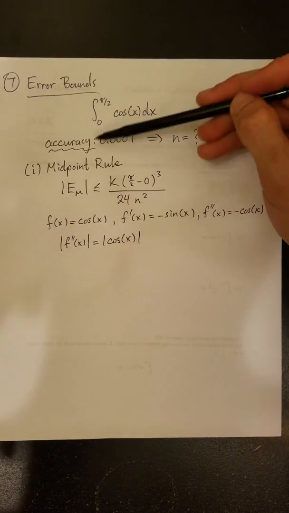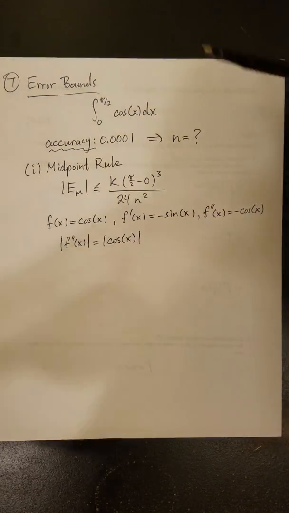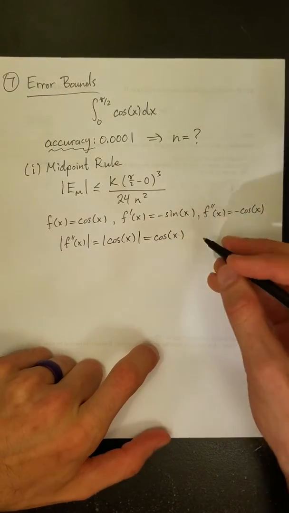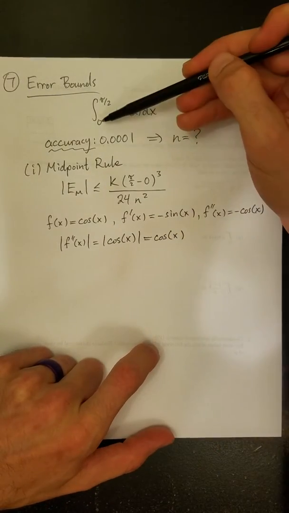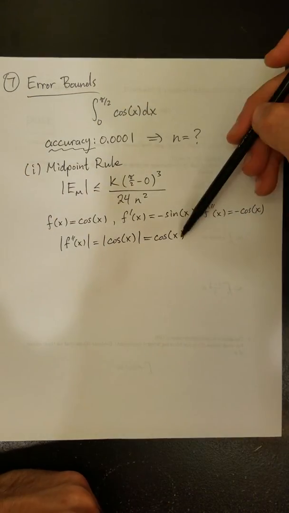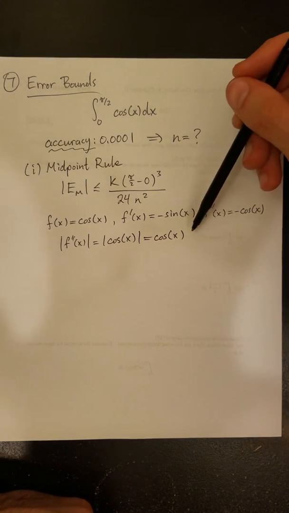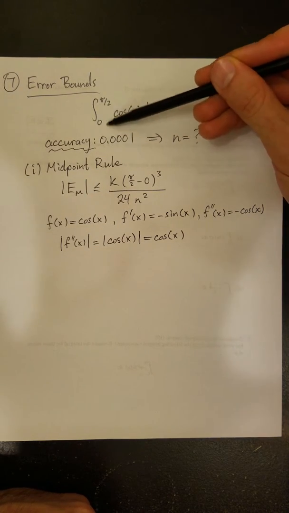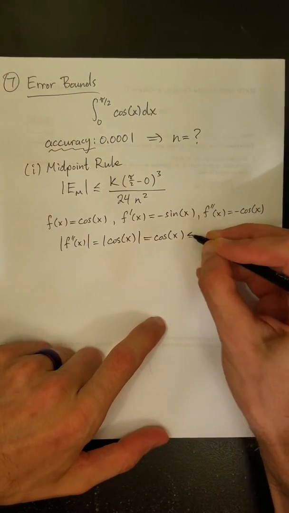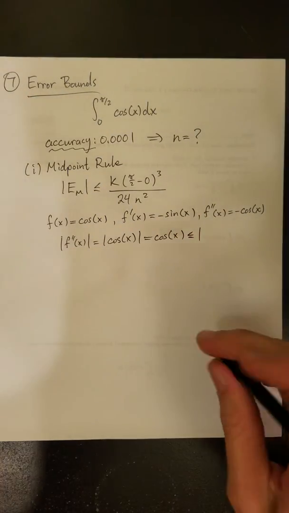If you think about it, cosine is actually positive between 0 and pi over 2, so I don't even need the absolute values. I'll just write cosine, and I'm thinking of values of x between 0 and pi over 2. Certainly cosine is less than or equal to 1, regardless of where the values of x are coming from. But here we actually do achieve the value of 1, so 1 is the smallest value that I can use as an upper bound for the absolute value of this second derivative.